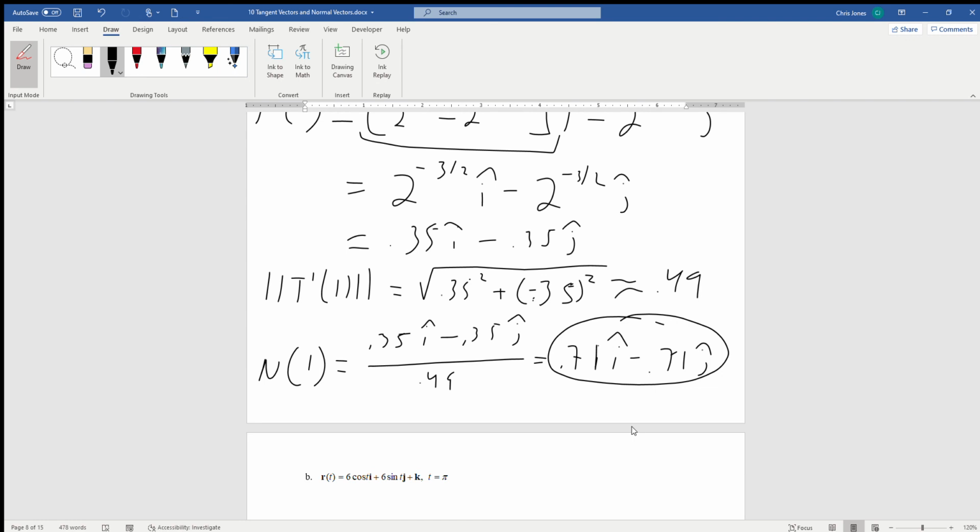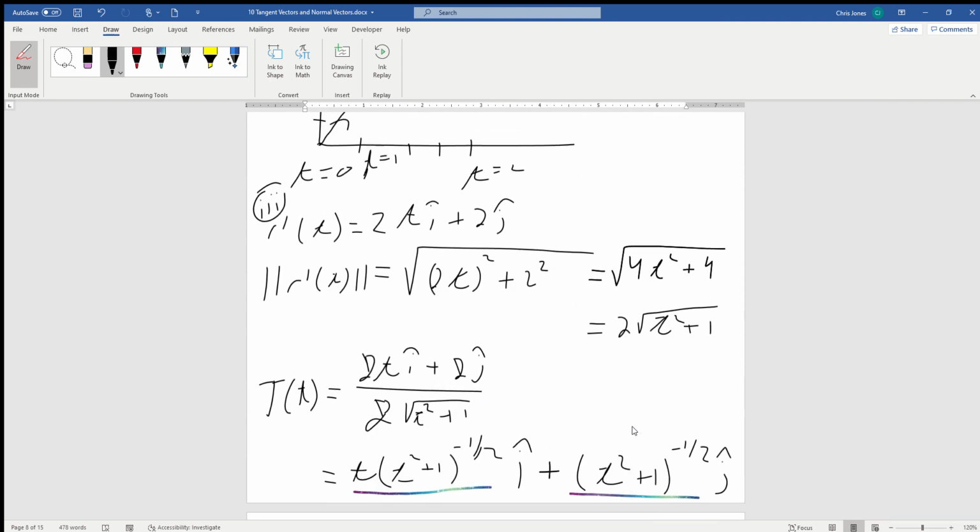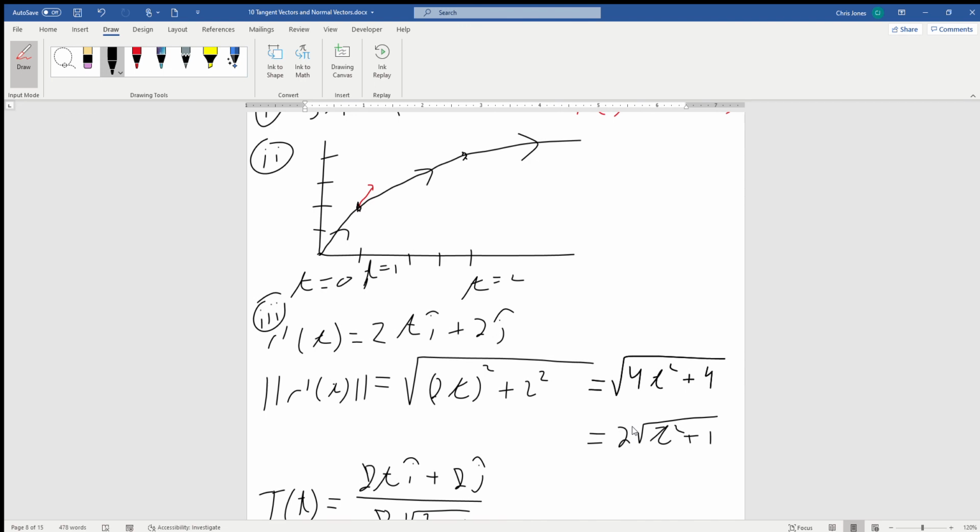If we go back up and plot this, which is the last part of the problem, then hopefully this works. Otherwise, we've just wasted 13 minutes. So we have 0.71 and then negative 0.71. So we're going to go to the right, and then we're going to go down. So this is about 0.71, and this is about down 0.71.